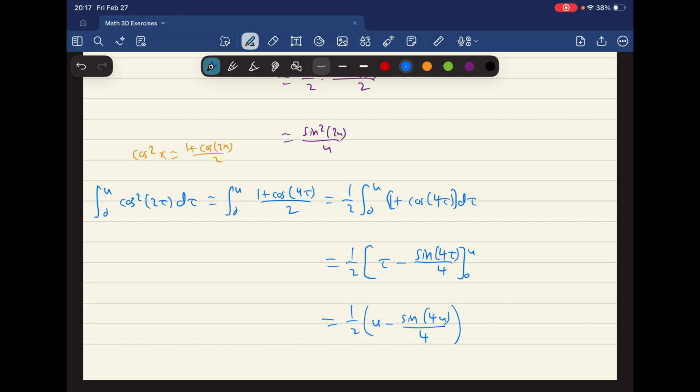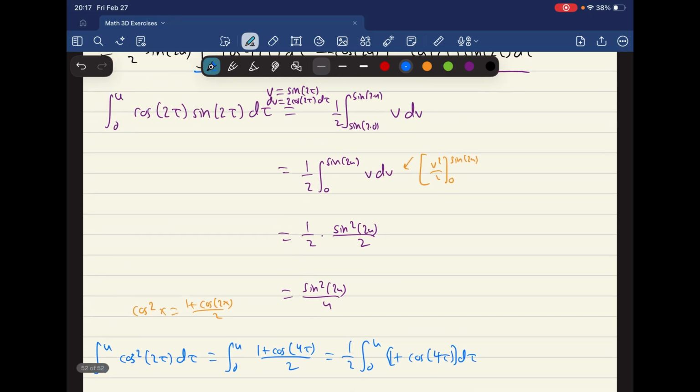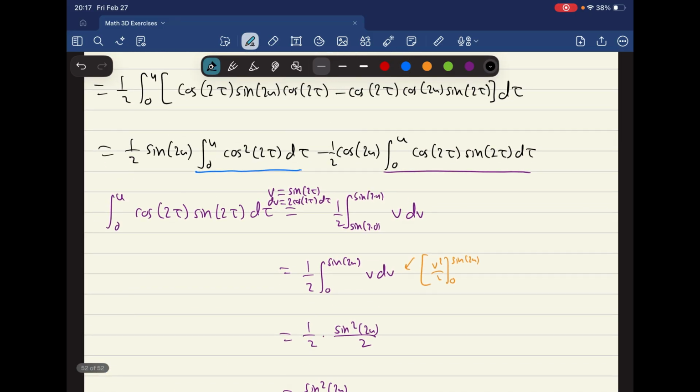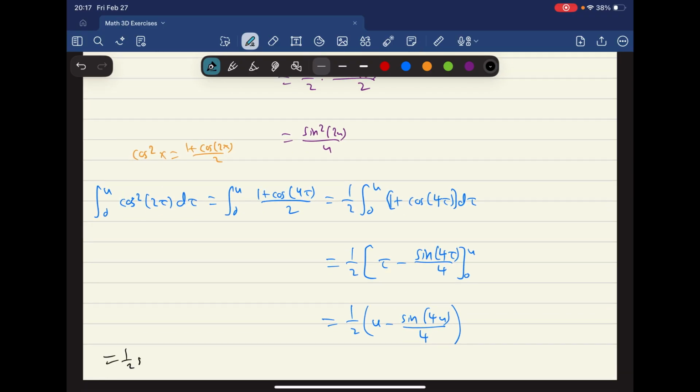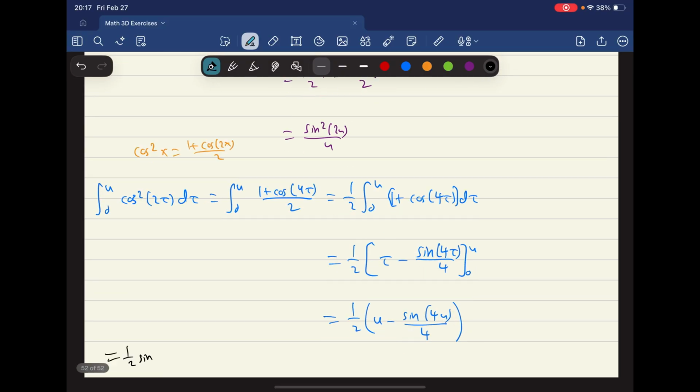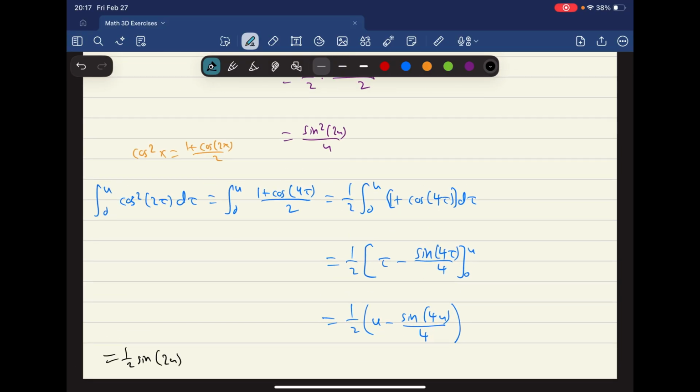Altogether, if we put together the blue and the purple integral, we end up getting, from the lines above, 1/2 sine of 2u times 1/2. So if I do 1/2 times 1/2, it's going to be 1/4. So let me go ahead and clean it up now. So this will be 1/4 sine of 2u, and then u minus sine of 4u all over 4.